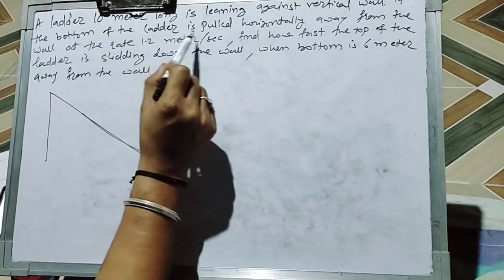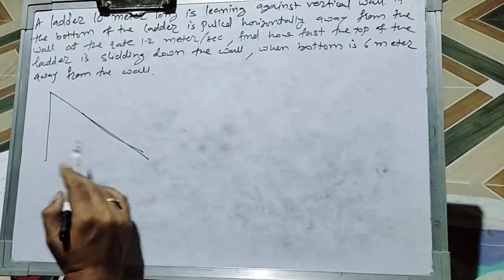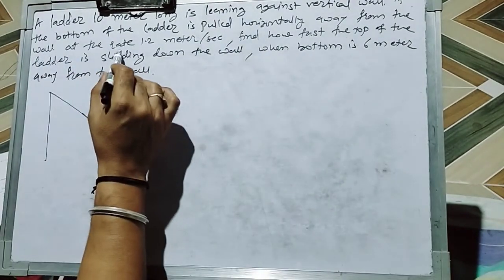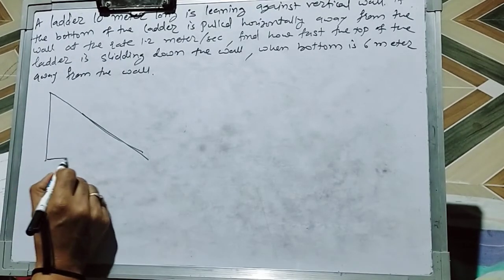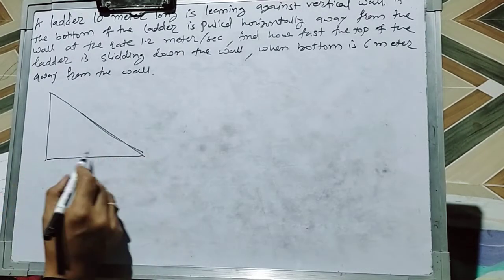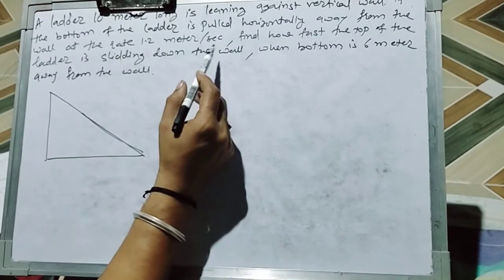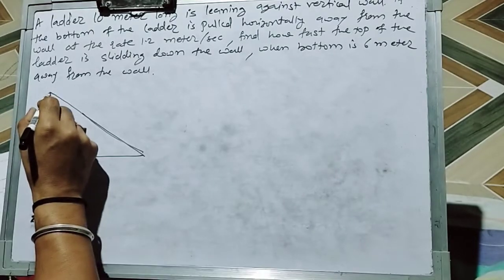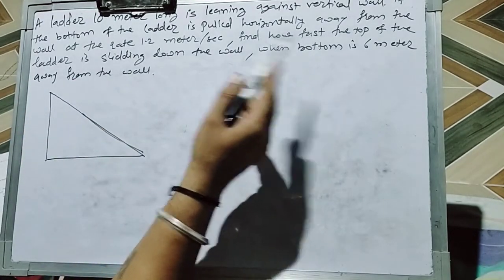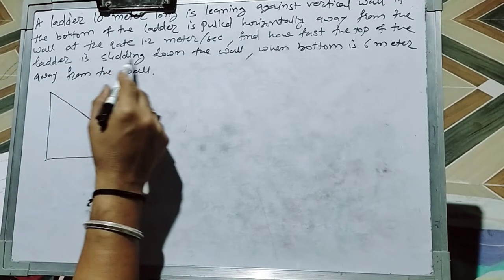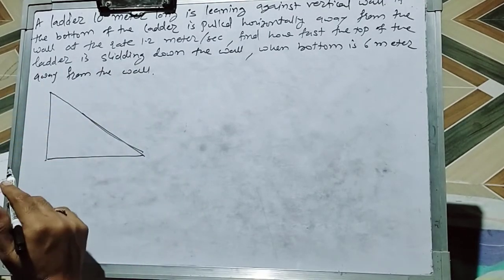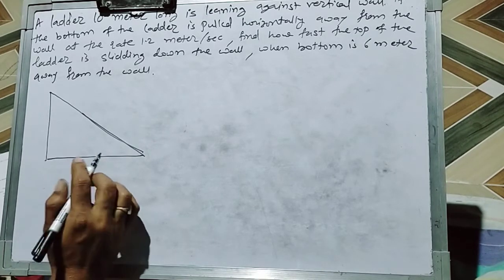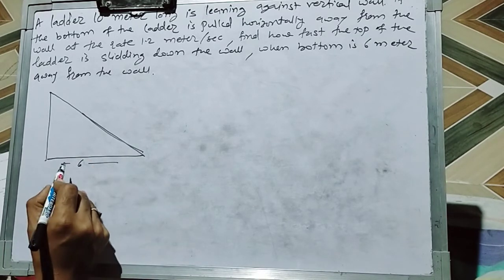If the bottom of the ladder is pulled horizontally away from the wall at the rate of 1.2 meter per second, find how fast the top of the ladder is sliding down the wall when the bottom is 6 meter away from the wall.